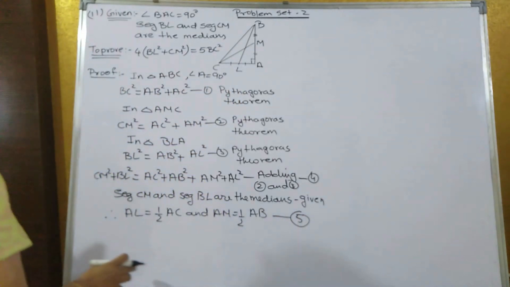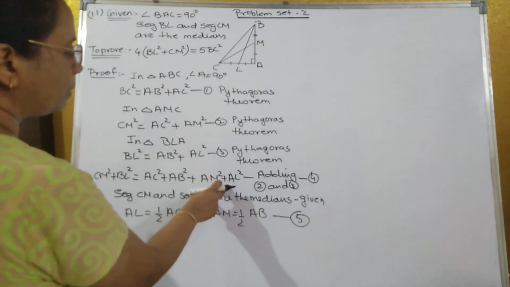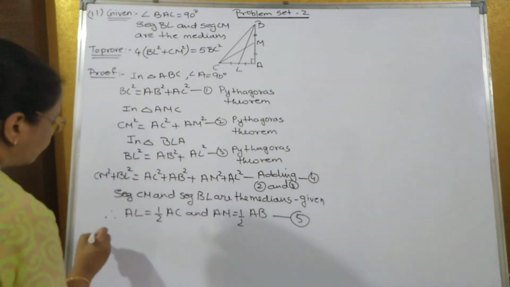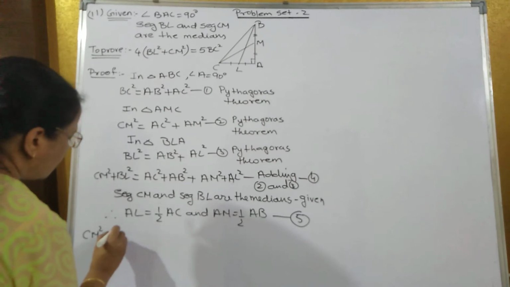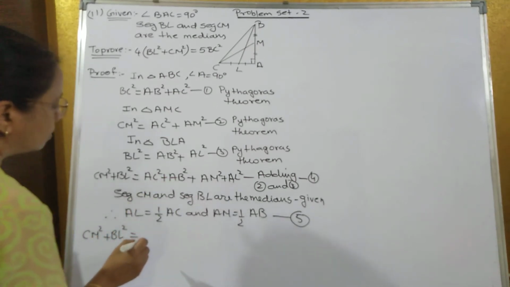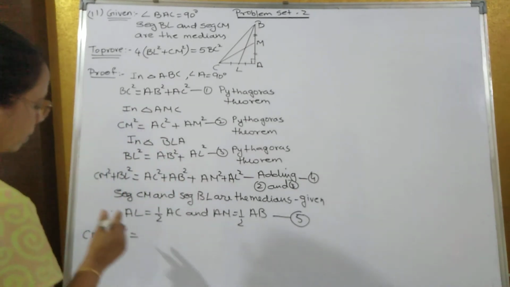Now put the values of AL and AM in this equation, that is the fourth one. In the fourth one, what will we get? CM square plus BL square is equal to AC square plus AB square. Now what is AC square plus AB square? BC square.